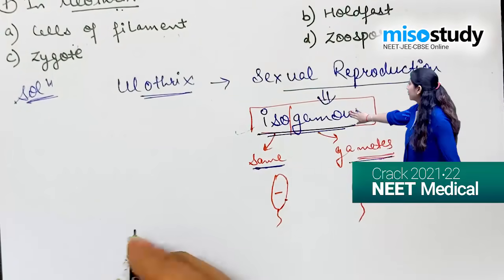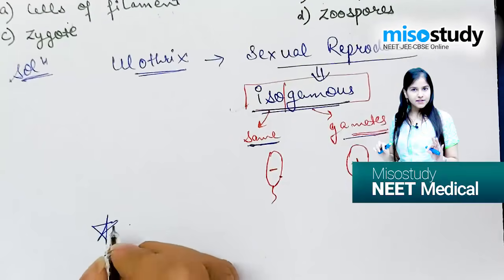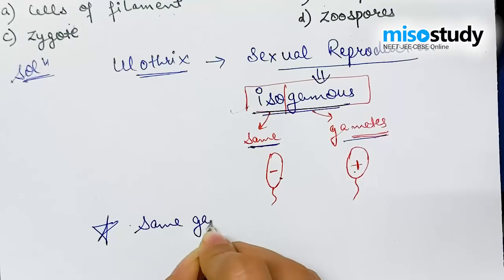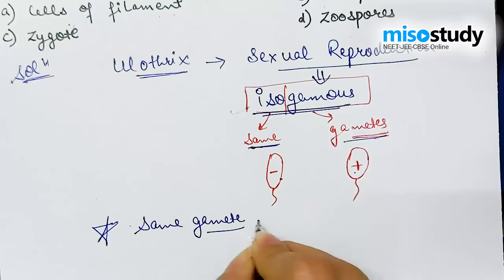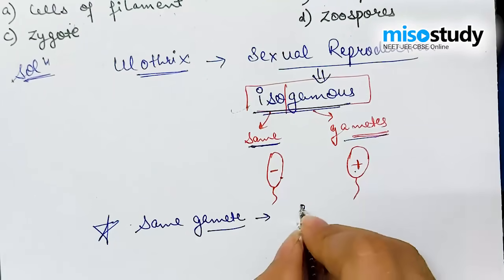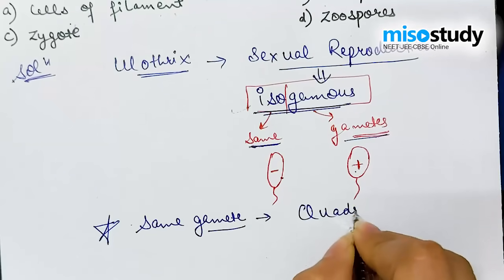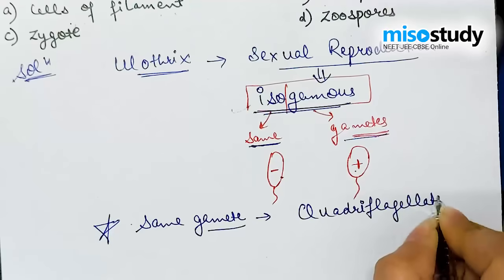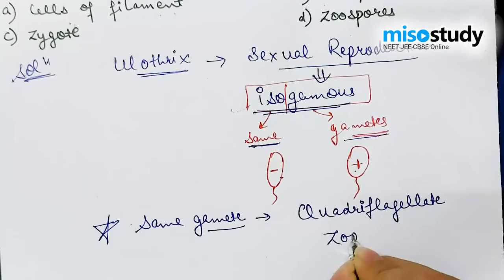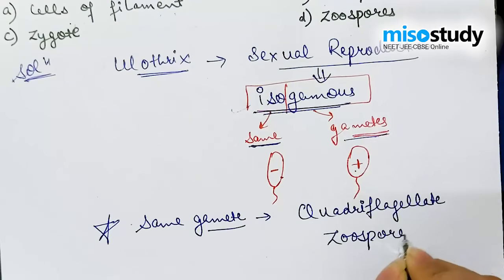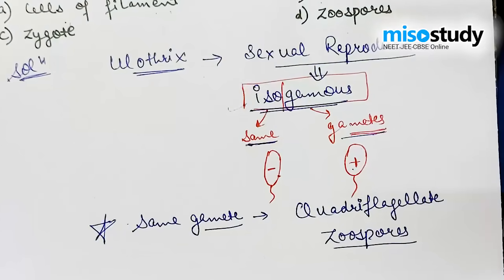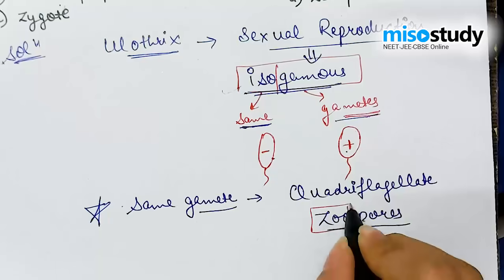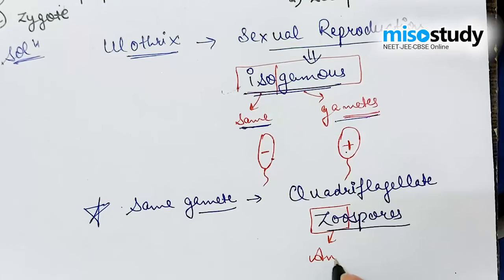When these kinds of gametes fuse, the same gametes fuse, it results in the production of quadriflagellate zoospores. The word zoospore: zoo means like animals.